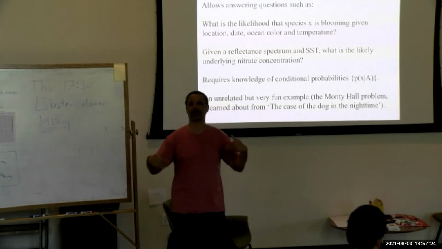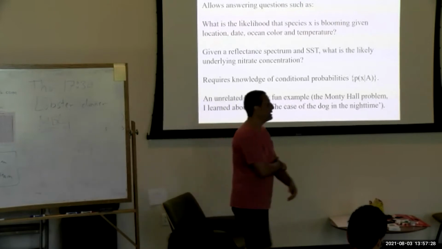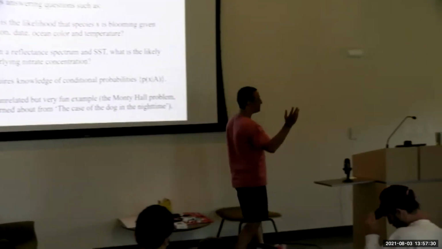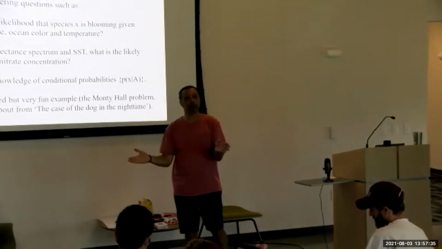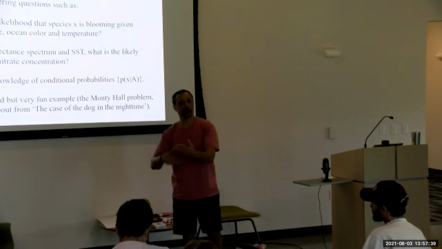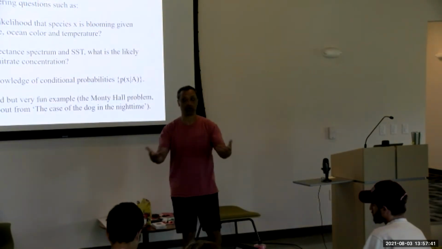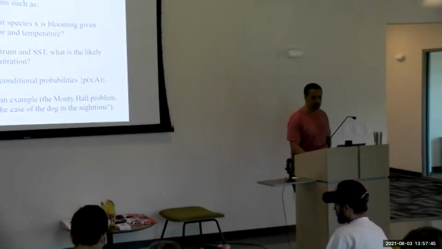But these are the kind of things where conditional probabilities play a huge role. If you know that, given the time of the year, certain seasons, certain things don't happen, then use them to predict a better version with your data, or better interpret what you're seeing. So it's really, really powerful.